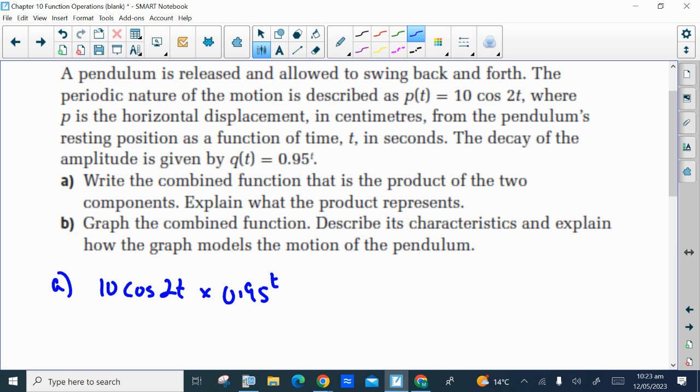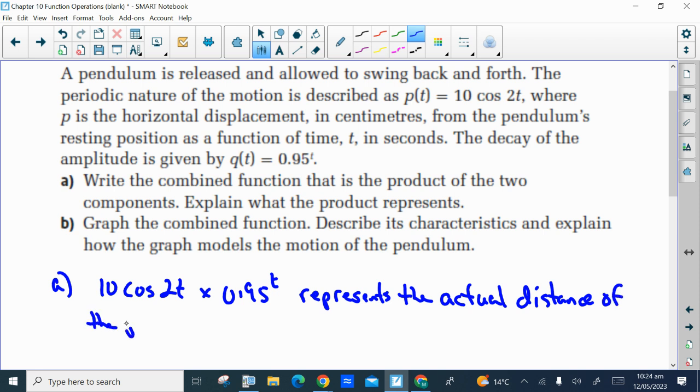And so what this represents, if you multiply these two together, it represents the actual distance of the pendulum from its resting position.